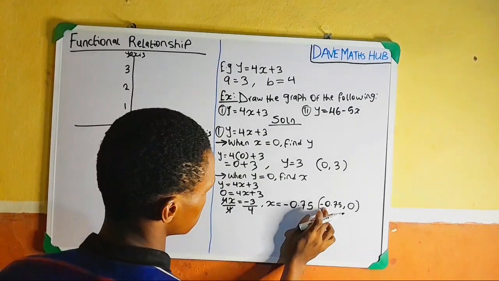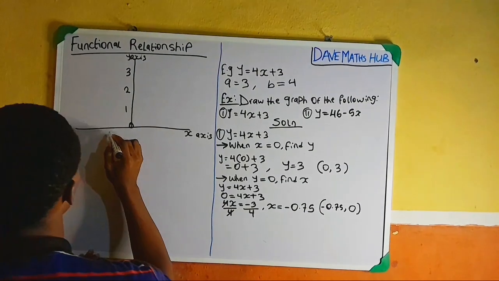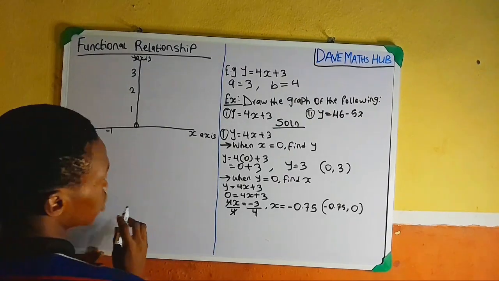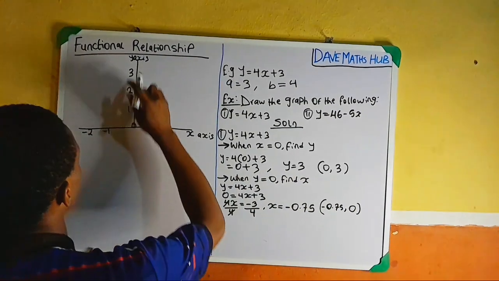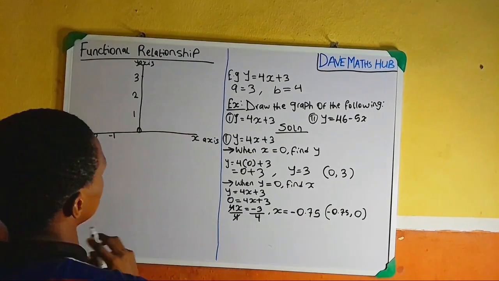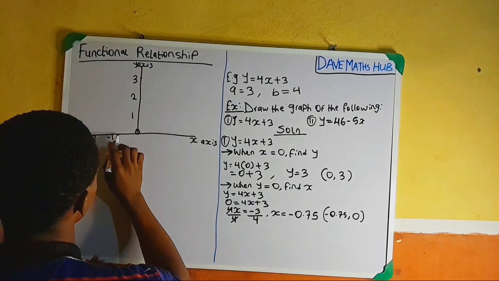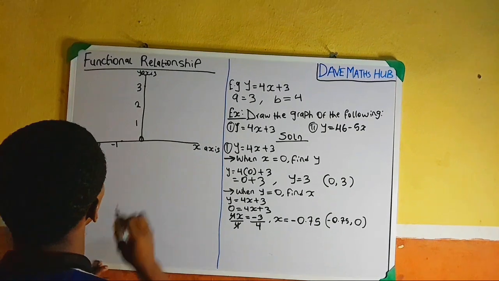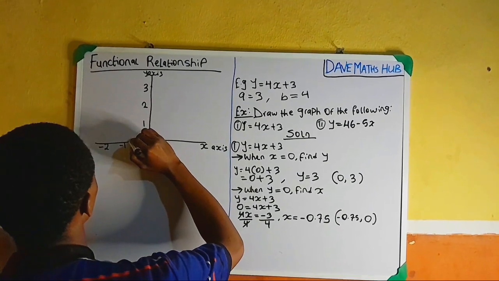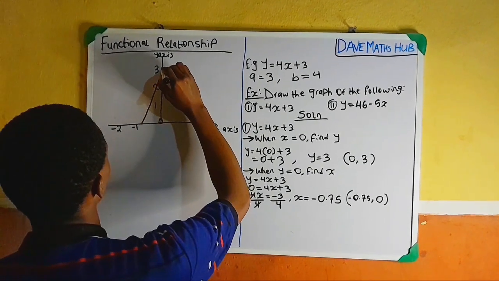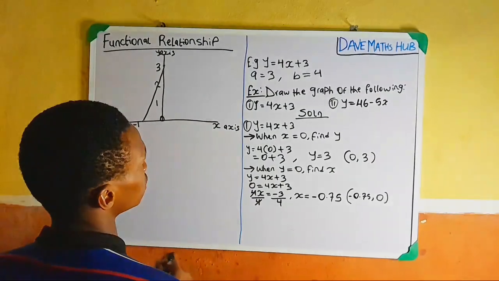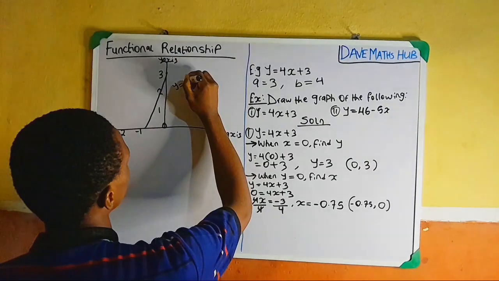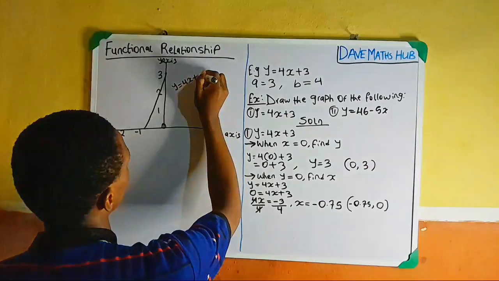Since this is minus 0.75, we can make this minus 1 and minus 2. So 0 to 3 is here. Then minus 0.75 to 0 should stop somewhere here. Then we trace it up. Therefore, we have this as y equals 4x plus 3.